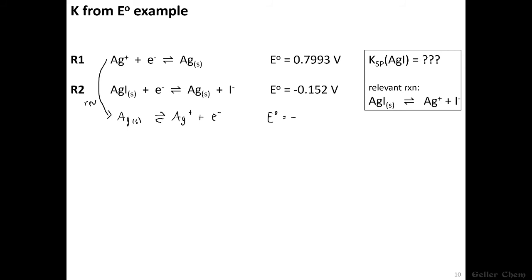It becomes the negative of its original value. So negative 0.7993 volts. Notice that I didn't base which of these reactions to flip on their reduction potentials. I only focused on what is going to allow me to add reactions together to get the reaction of interest.